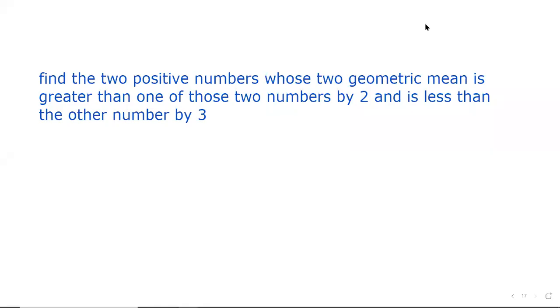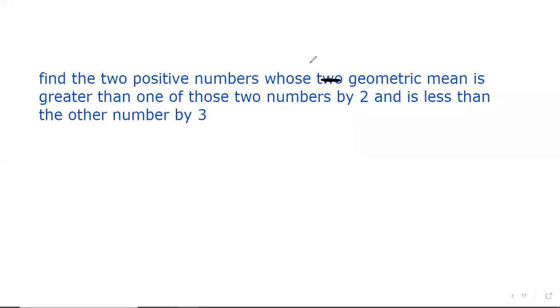In this example, find the two positive numbers whose positive geometric mean is greater than one of those two numbers by 2 and is less than the other by 3.